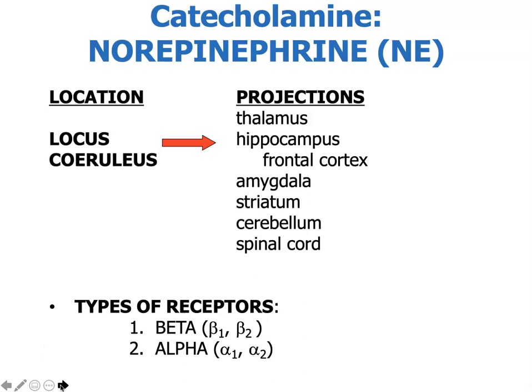We know that in the brain, with these particular connections to the thalamus, the hippocampus, the amygdala, the striatum, the cerebellum, the spinal cord, we are going to be looking at norepinephrine affecting increase of arousal and alertness, enhancing formation of long-term memory, so thinking, right, hippocampus, and focusing attention, increased restlessness and anxiety.